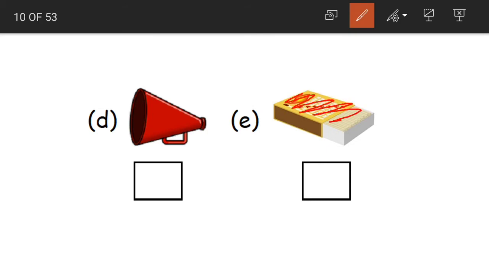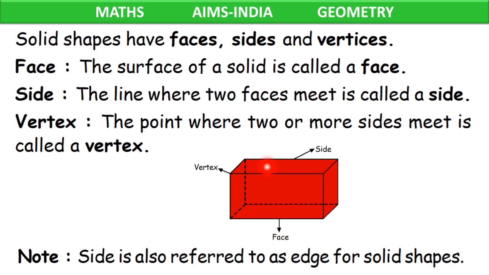The surface of the figure is called the face. This area of the figure is called the face. See, 1, 2, 3. Here the back side, this side and below. In total, a cuboid will have 6 faces.